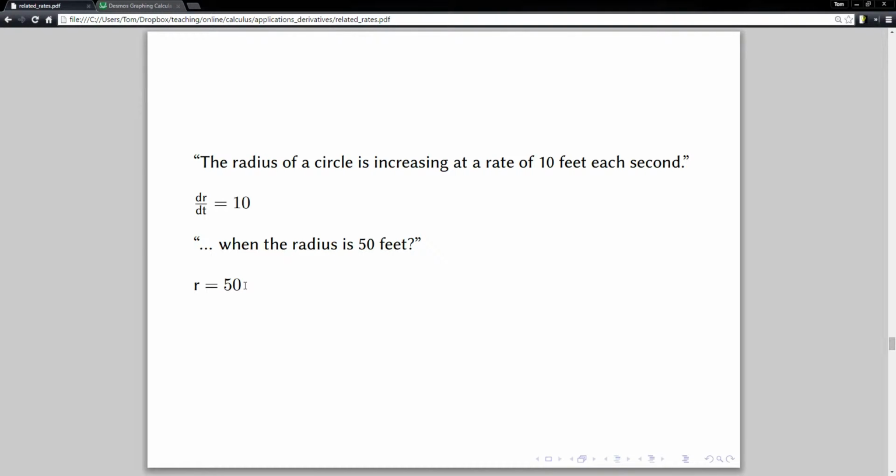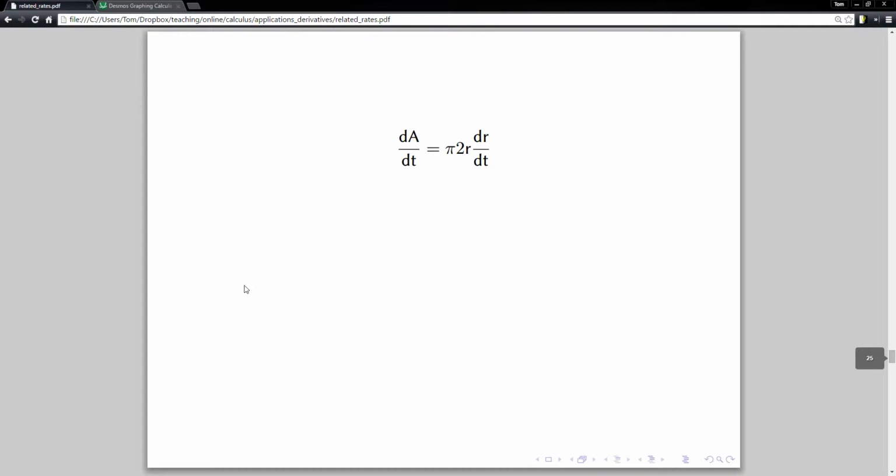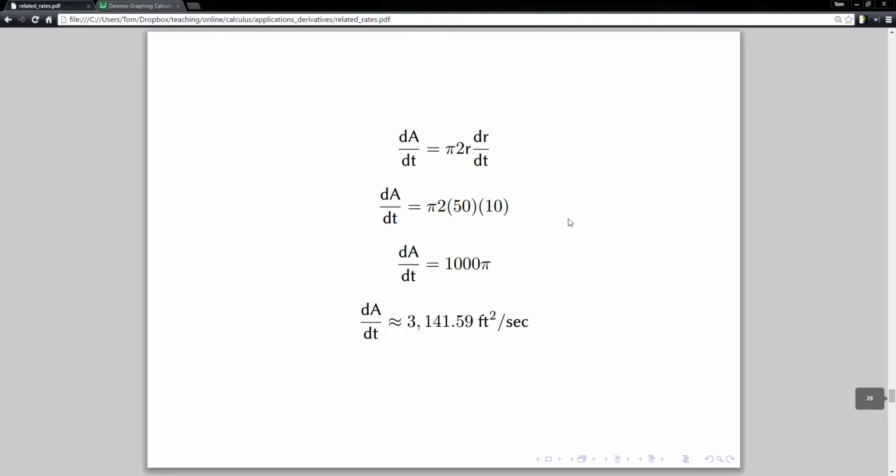All right, so we know that dr/dt is 10, we know that r is 50, so we can go back to the derivative and plug in those quantities. We plugged in the 50 for r, the 10 for dr/dt, and simplify that out, and we'll get an approximation. So dA/dt, the rate of change of the area with respect to time, is 3,141.59 square feet per second.